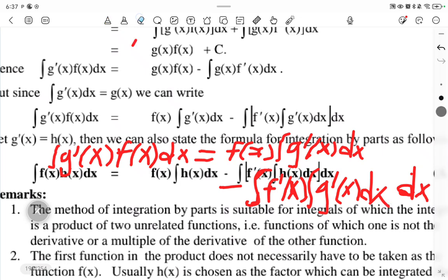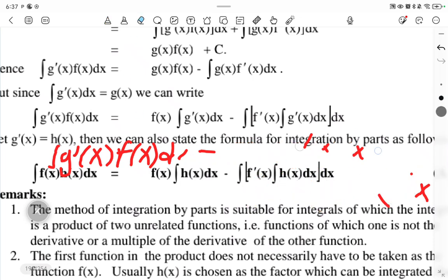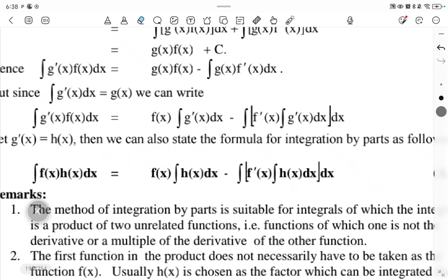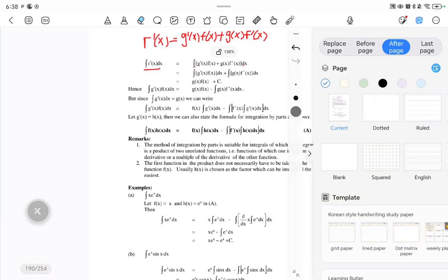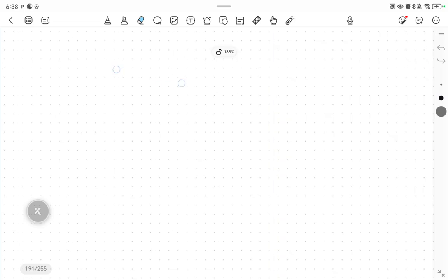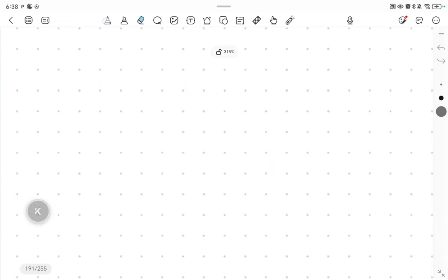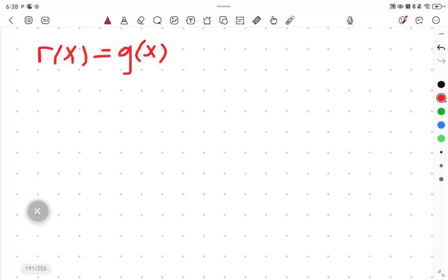So maybe let's write it on a new page so you can understand. Remember this. First we had r'(x). Actually, let me say this: we're coming from the idea that r(x) is equal to g(x) times f(x), and if we apply the product rule, we get this.